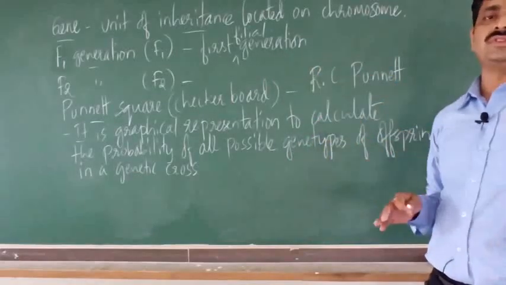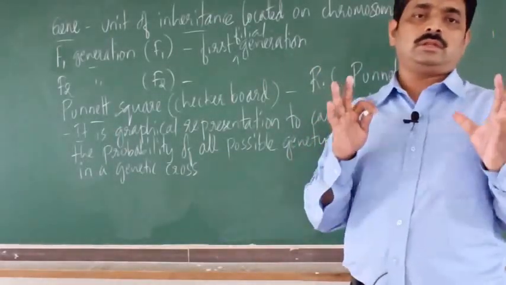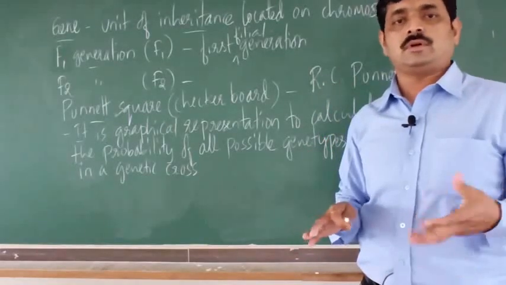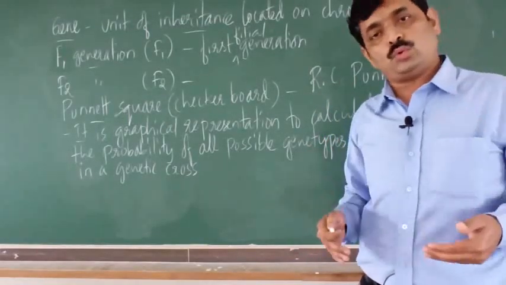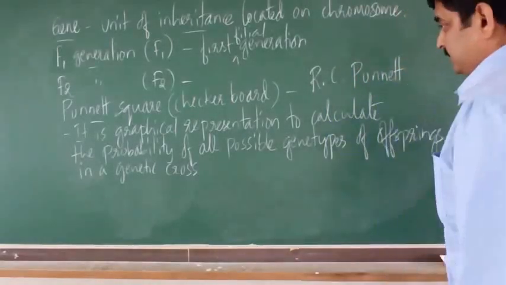That is the meaning of a Punnett square or a checkerboard. So with the help of this Punnett square, we can easily obtain the possible genotypes of offspring when we do a genetic cross.